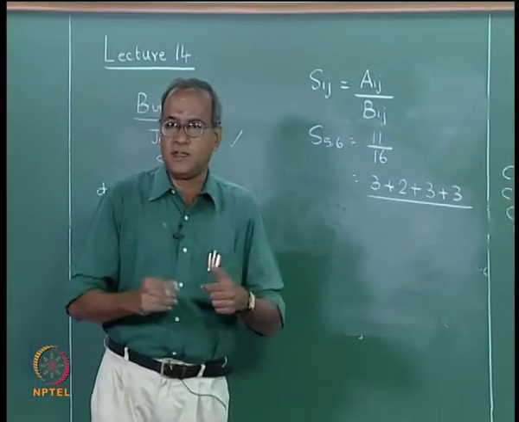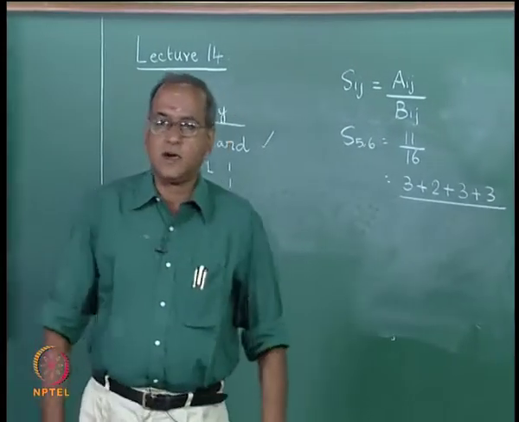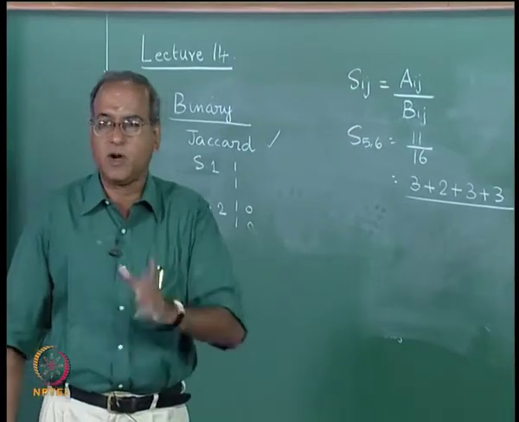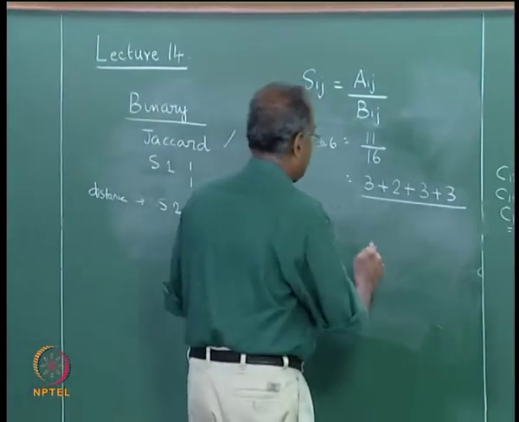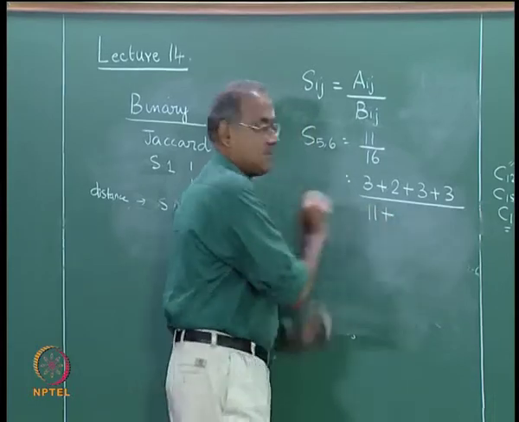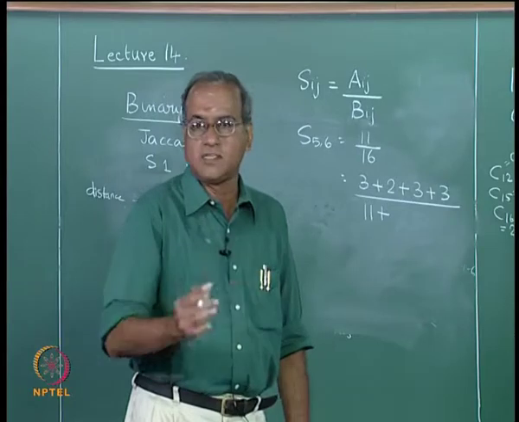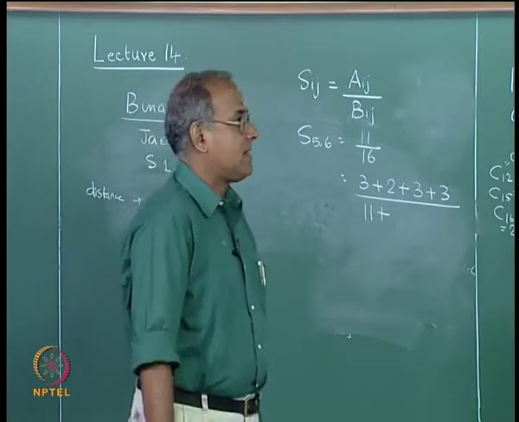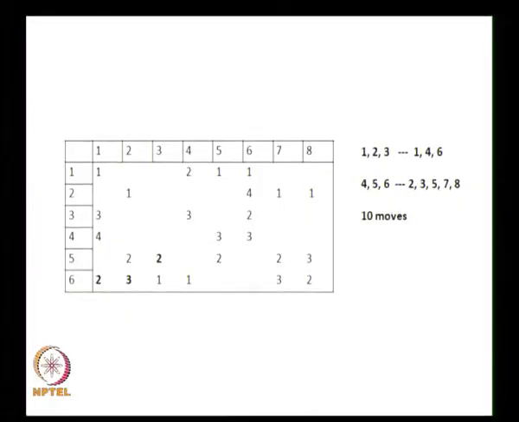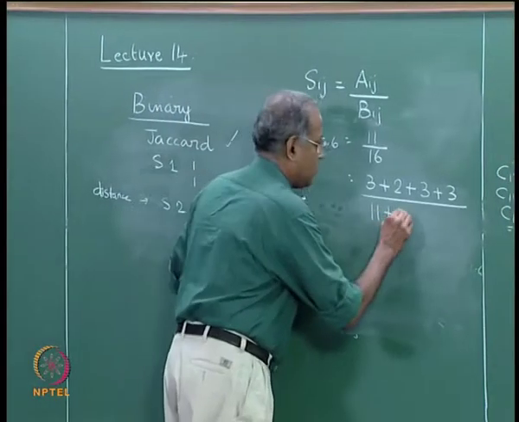Now, the denominator is the numerator plus the contribution of parts that visit only one of them. So, denominator will be numerator 11 plus contribution from parts that visit either 5 or 6. That happens for part 1, part 4 and part 5. So, part 1 visits only machine 6, but visits as an intermediate machine, and therefore, it will contribute 2.